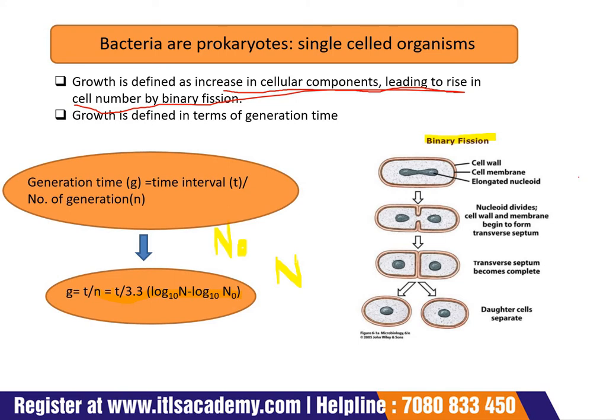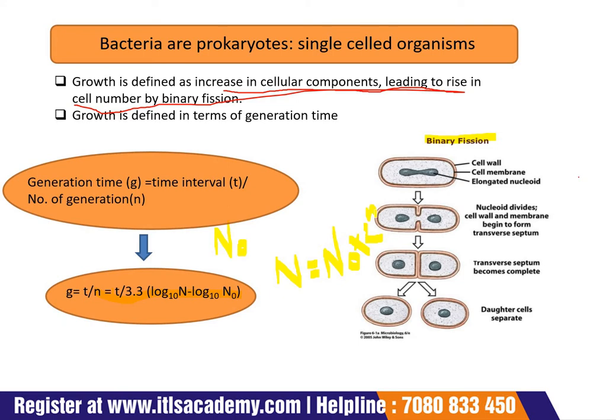So N equals N naught into 2 to the power of n, where N is the final number of cells, N naught is the initial number of cells, and 2 to the power of n, where n is the number of generations in time t.